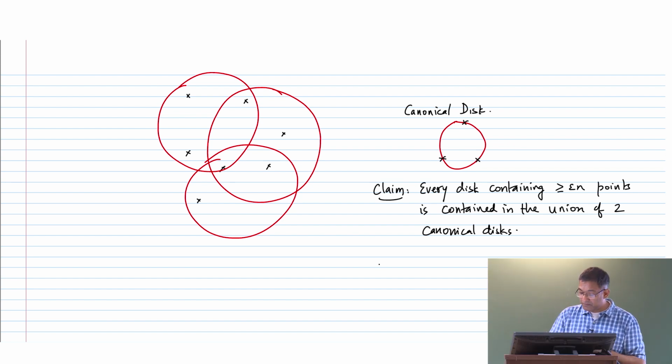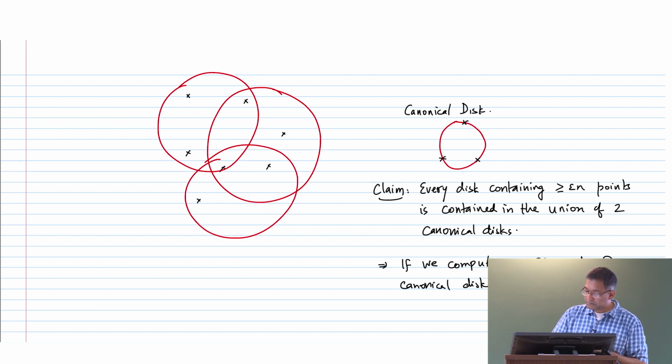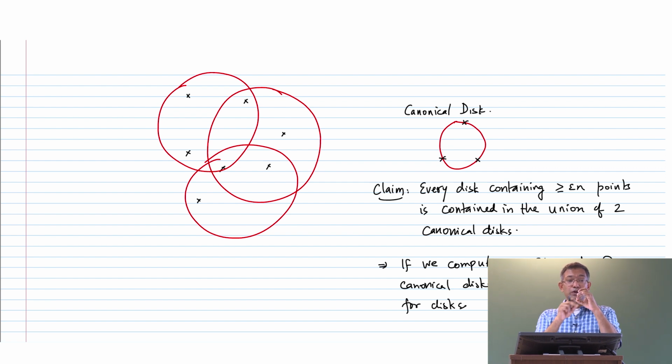Therefore, if we compute an epsilon over 2 net, every disk containing epsilon n points is contained in the union of 2 canonical disks.